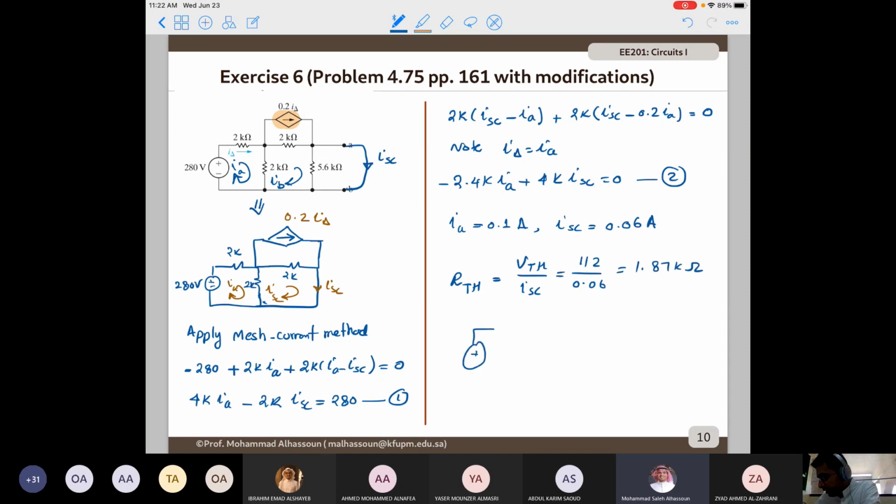If I draw the Thevenin equivalent circuit, it's going to be something like this. Okay, very good. So now let's.